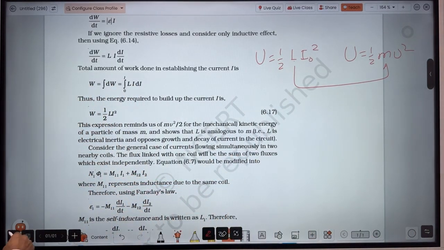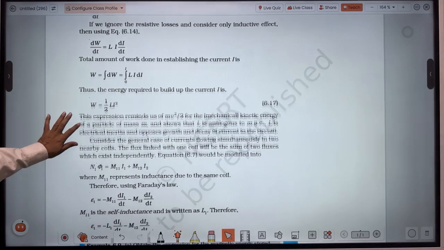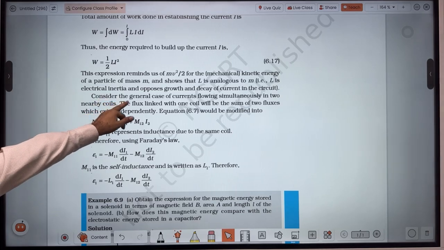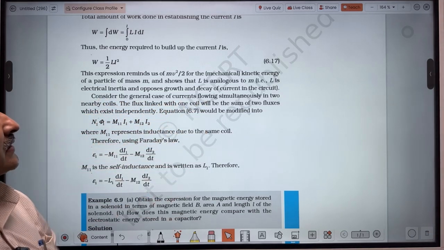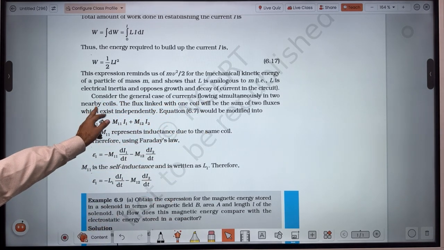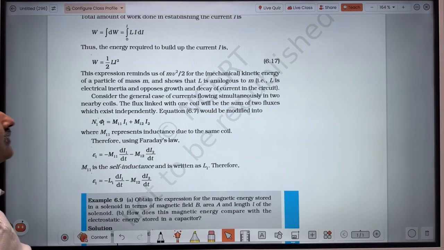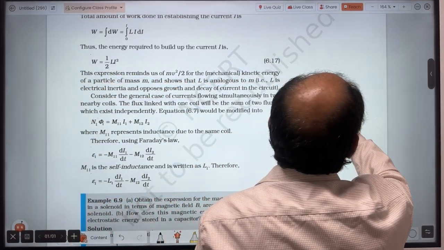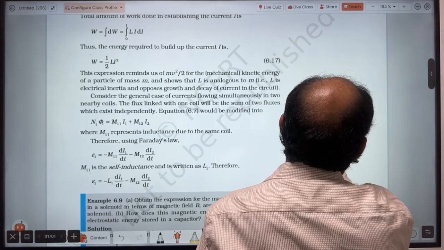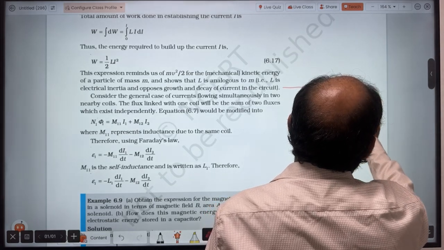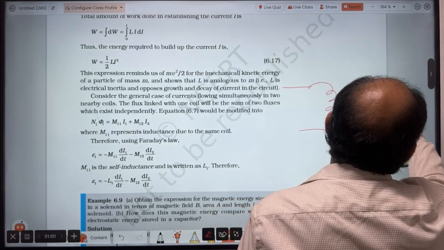Now we can move further. Here we are going to consider the general case. So consider the general case of currents flowing simultaneously in nearby coils. Suppose there are two coils. We are going to consider this situation that this is one coil and this is another coil, right?